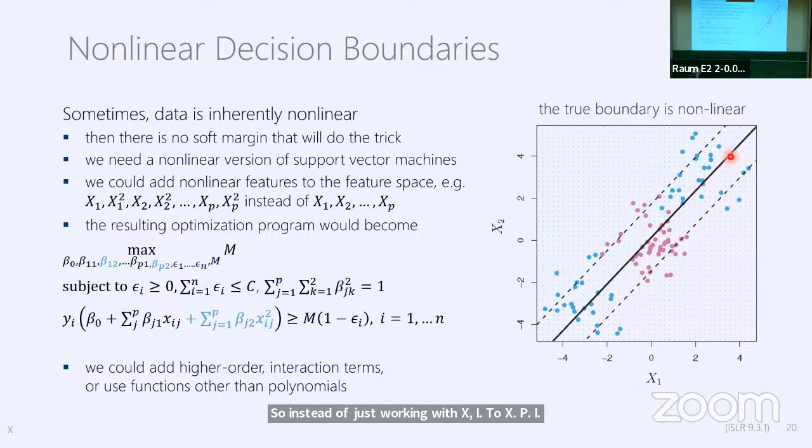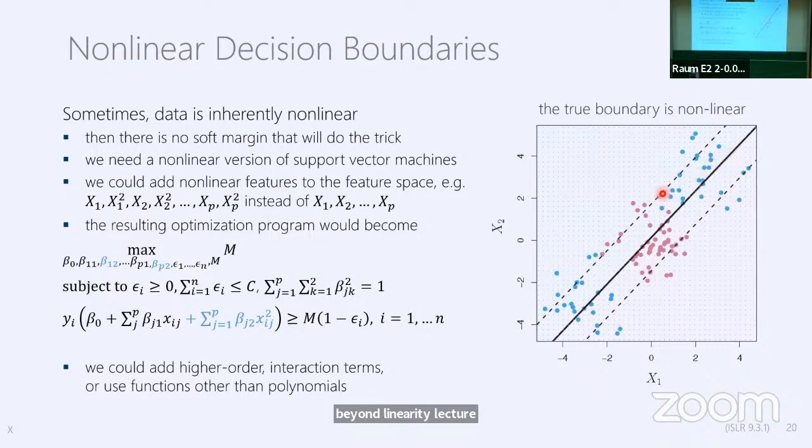Maybe I also add interaction terms like x1 x2, x2 x3, and so on. So I enrich the set of features, and then I fit a linear model on top of it. Because a linear model on a larger feature set, if you project it down to the original p features, will be nonlinear. I think we saw that in the Beyond Linearity lecture.